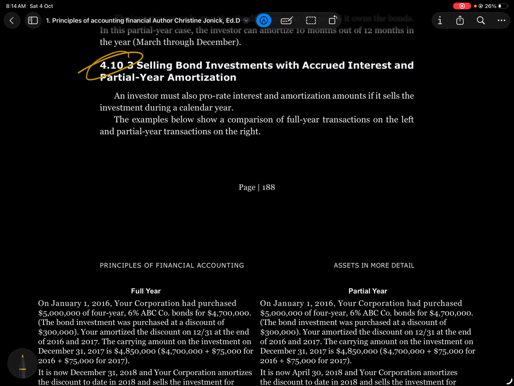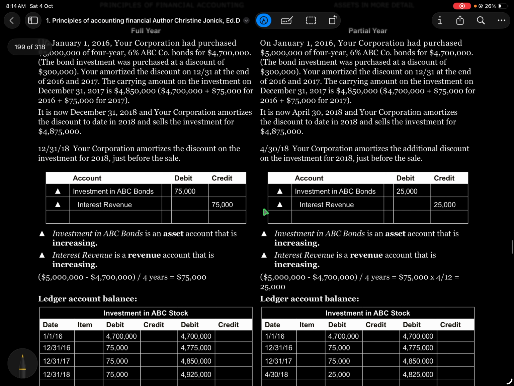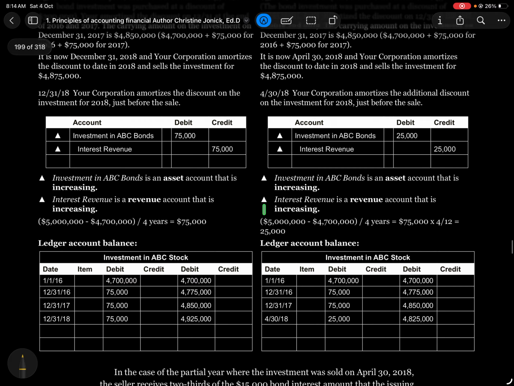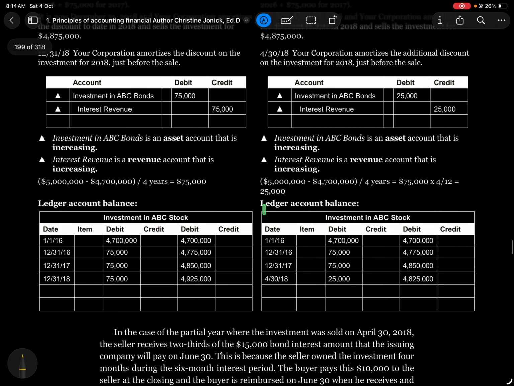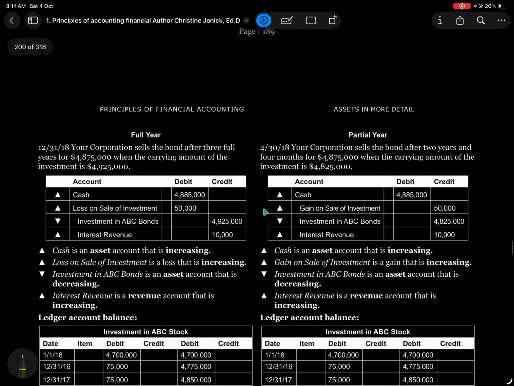So whenever we are selling bond investments with accrued interest and partial year amortization, it's a little bit different, I would say, investment wise, right? So based on the book value, right, we would record any loss or gain. It's basically the same concept, okay?